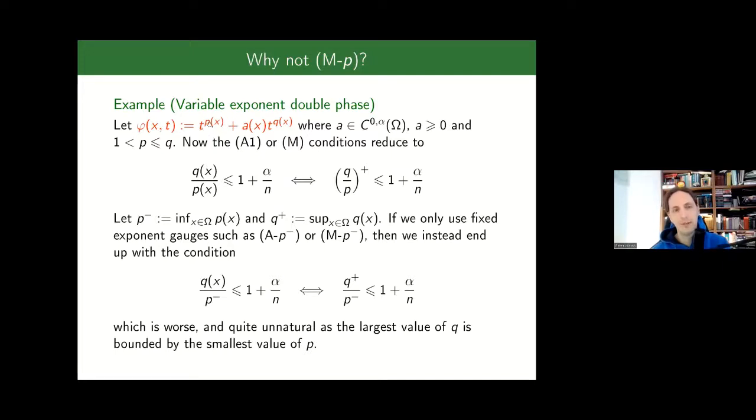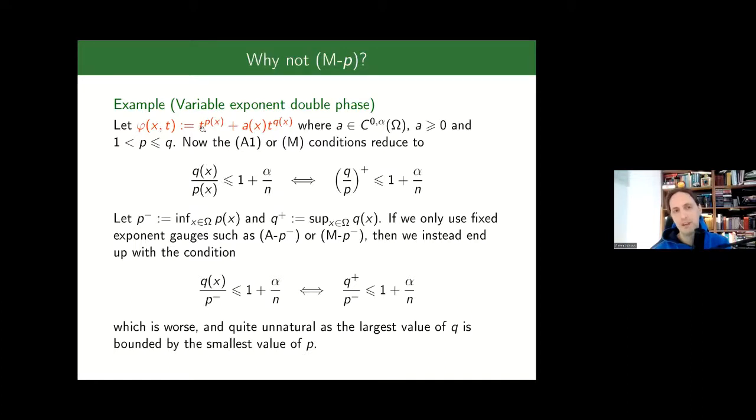So instead of t to the power of p, there is t to the power of p(x), and same with q. Now, if we do exactly the same calculation as in the beginning of the talk, this A1 condition and indeed the M condition gives this.